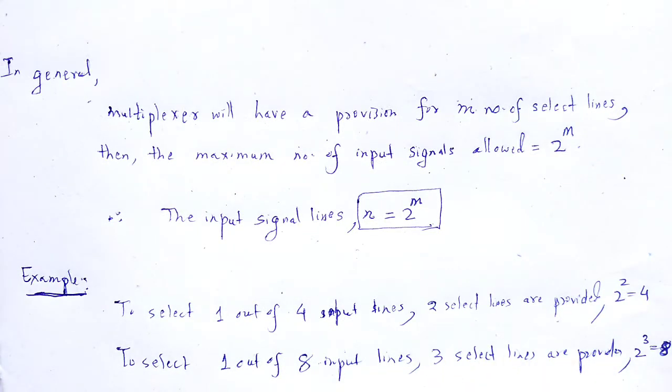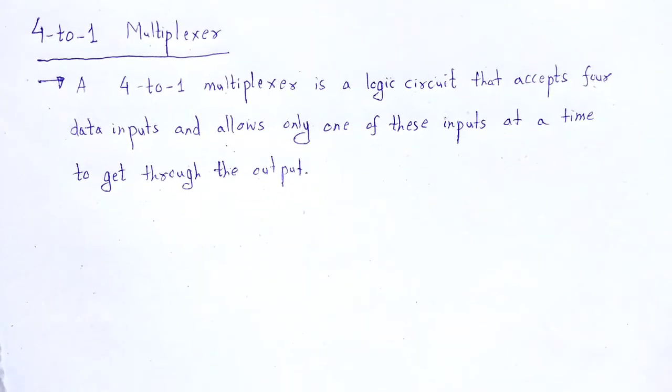On this basis, we categorize the multiplexers. Here we discuss 2 multiplexers, 4 to 1 and 8 to 1 multiplexer. First, 4 to 1 multiplexer.